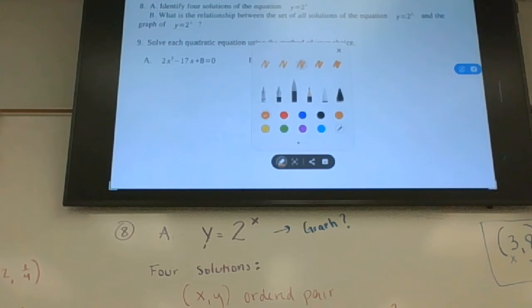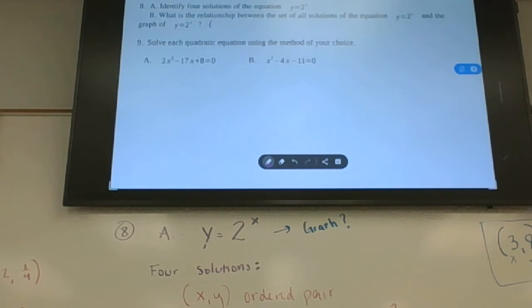Just a moment. Okay, so x, y solutions that make an equation true are points on the graph of the equation.